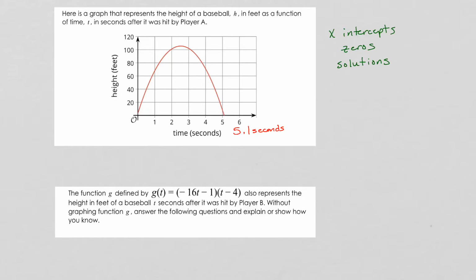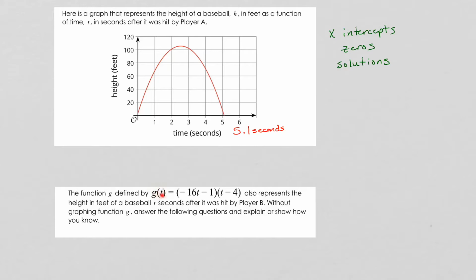If you notice, when the parabola crosses the x-axis, just like anytime you have an x-intercept, y is equal to 0. The height is equal to 0. There's no height here or here because that's the starting point and then the ending point of the flight of this baseball.